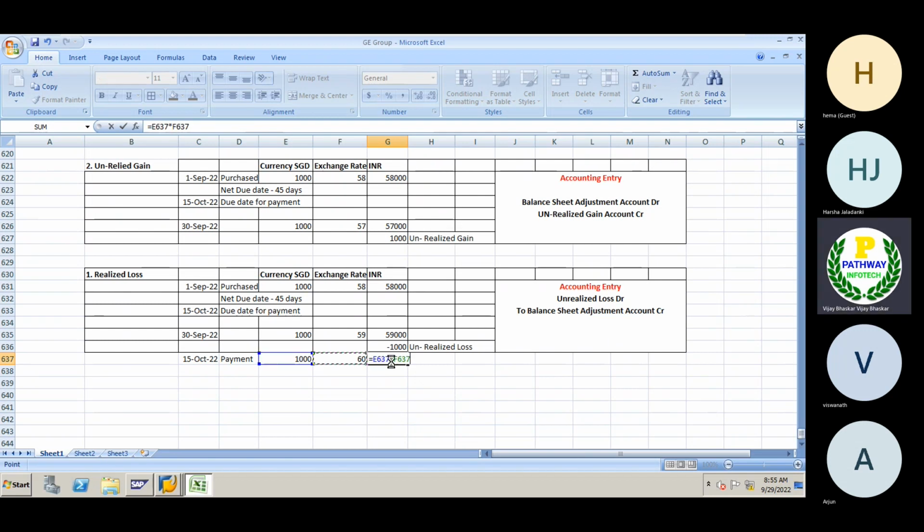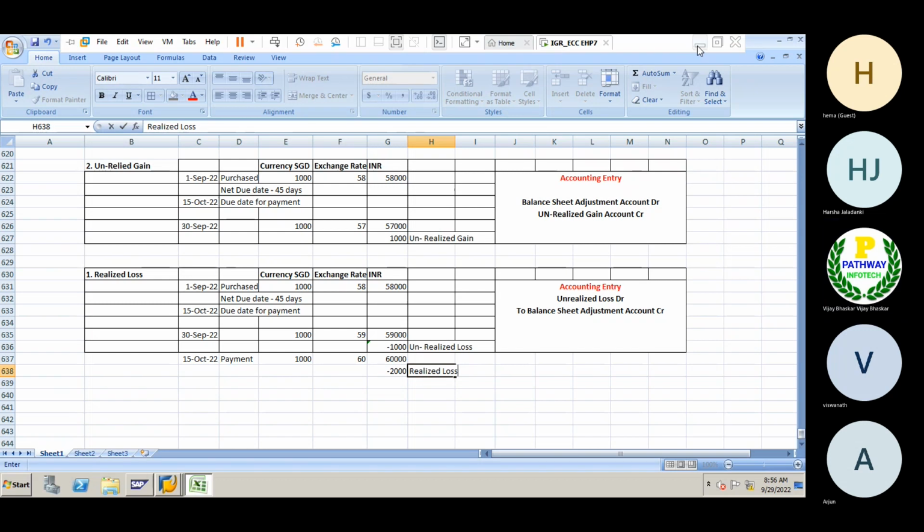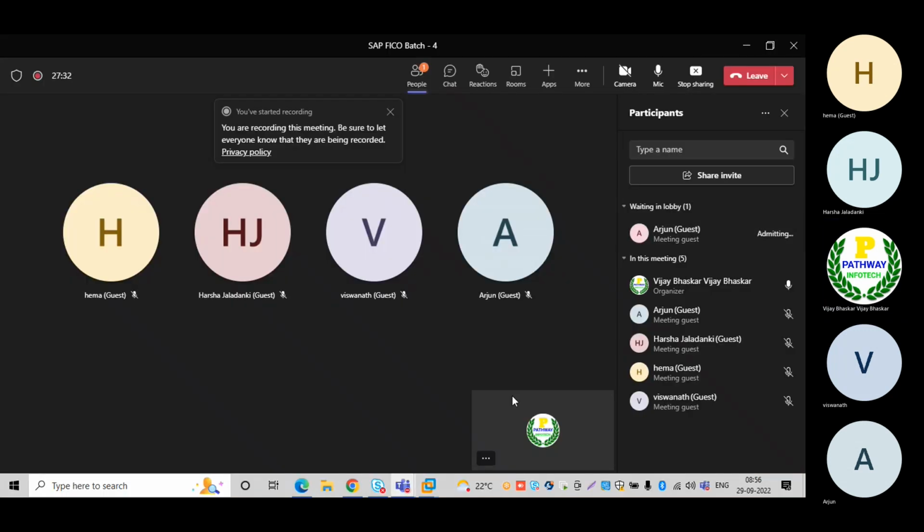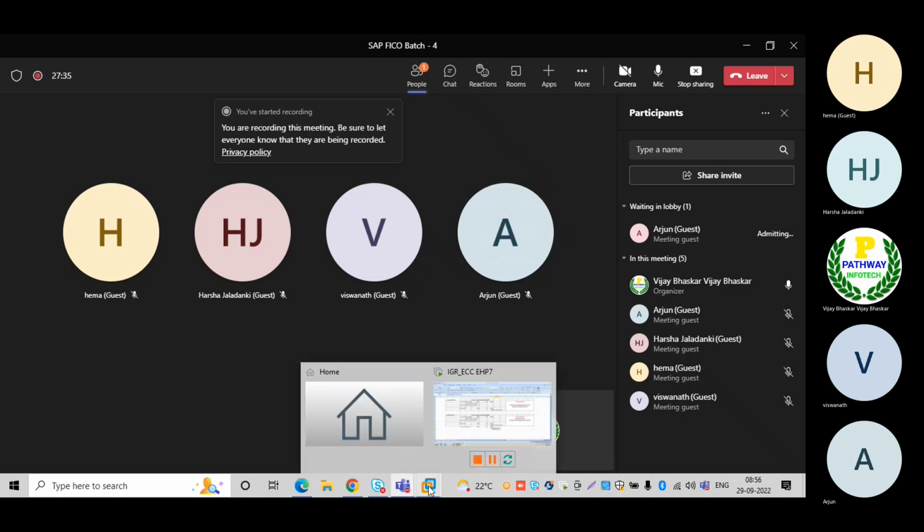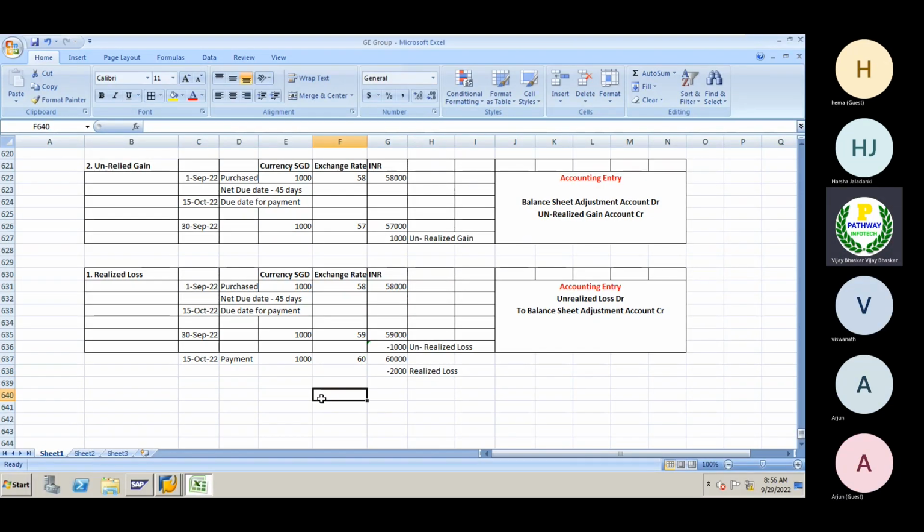Now 60,000 is the payment price, and there is a difference between the purchase price and the payment price. What is the difference? The 2000 is the realized loss. Realized loss means that at month end I don't know, when I perform month end revaluation.